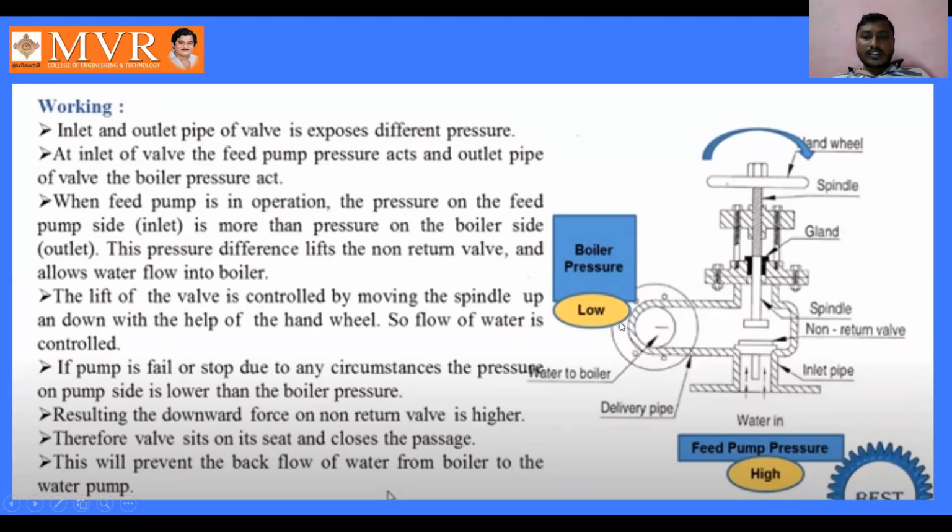This is the inlet, and this is the outlet delivery pipe. At the outlet we have the boiler pressure, and at the inlet we have the feed pump pressure.